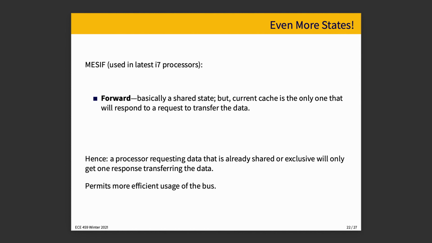The forward state designates which CPU is responsible for that in advance, allowing a bit more efficient usage of the bus because the different CPUs don't have to fight over who's going to be the one to give the answer. Whoever is the designated F of this data block will answer. Therefore, we get a bit more efficient use of the bus.